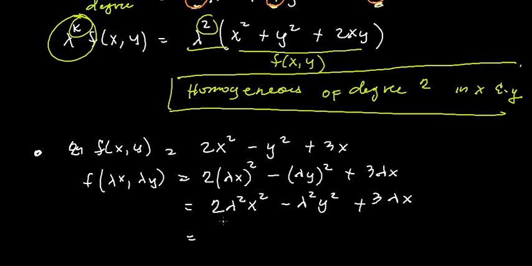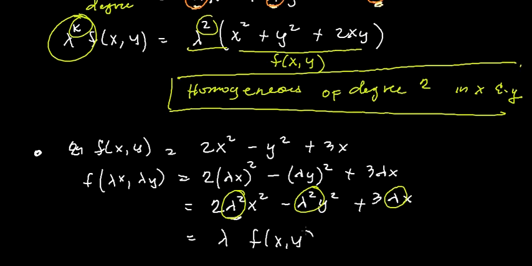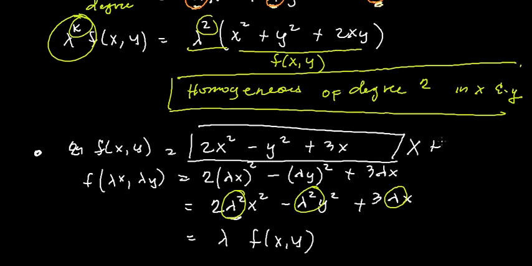And factoring this out, we have lambda squared, but this last part is only raised to 1, so we cannot purely factor out the lambda with some function of x and y here. That's why this given function is not homogeneous.